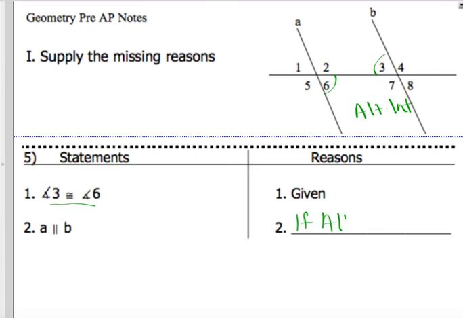If alternate interior angles congruent, then the lines are parallel. So those are those 5 proofs.